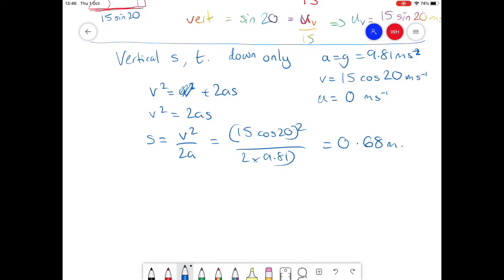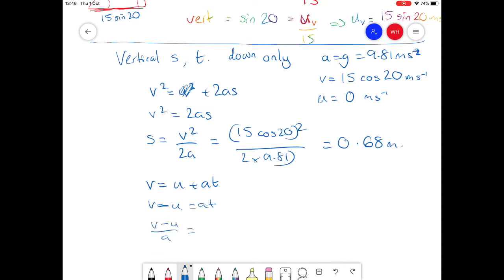Okay, now we can do T. I'm going to avoid using my own answer, so I'm going to do V equals U plus AT, that equation, and rearrange it. V minus U equals AT.